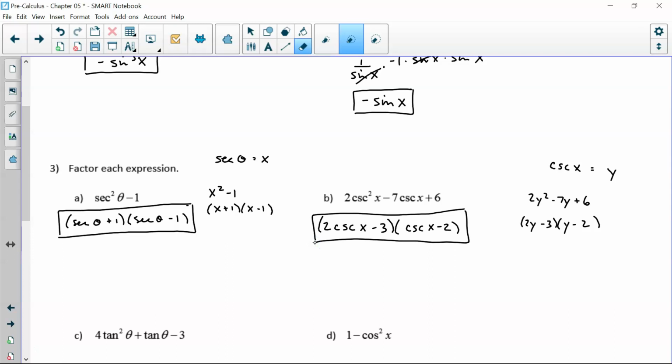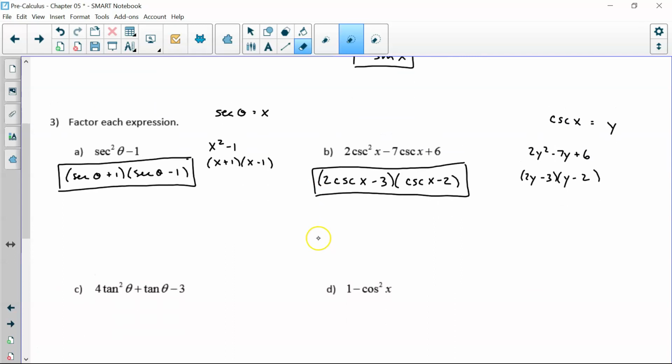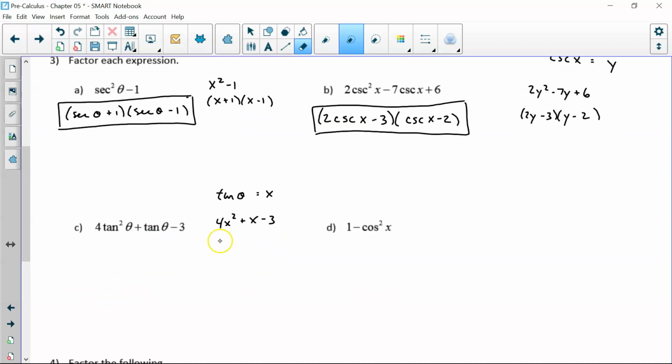And there we go. This is all leading us to starting to solve and verify and doing all the other things. All we're talking about is rewriting right now. For C, instead of writing tangent of theta, I'm going to replace that with an x. So what that gives me is 4x squared plus x minus 3. And we can factor this quadratic. That gives us a 4x and an x.